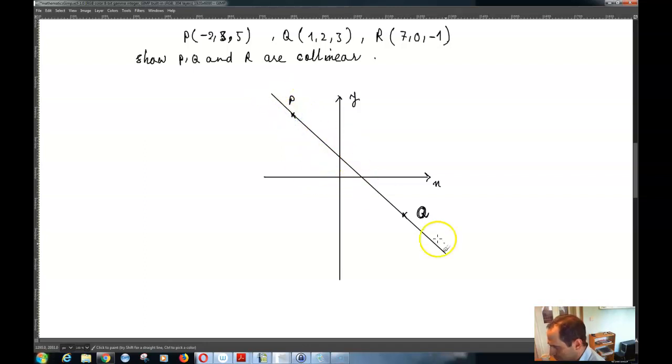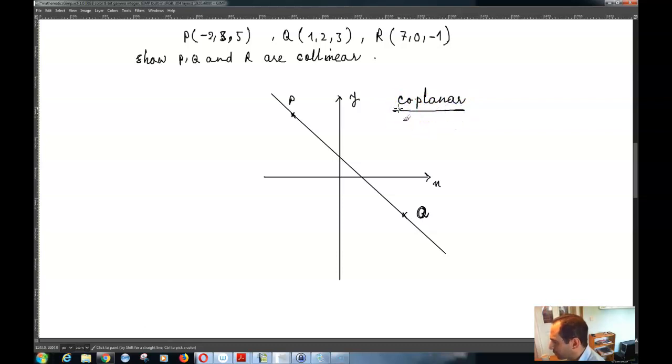Of course, we can find the equation of this line, which is not important here, but there is always a line that passes through any 2 points that are coplanar.